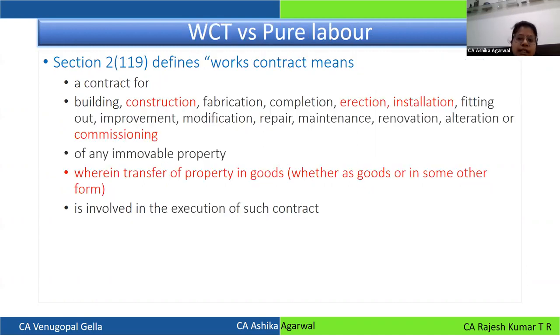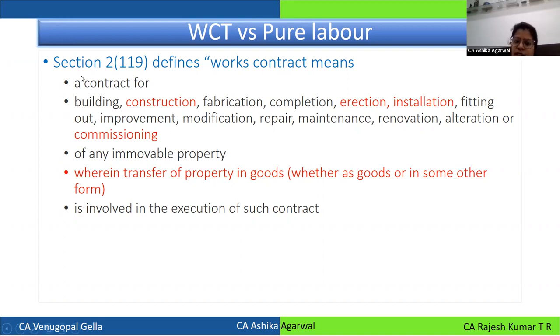Now, the question is whether it is a works contract service or a pure labor service. Works contract service has also been specifically defined under the GST Act. The way it has been defined is that it now relates only to immovable property, unlike under the pre-GST regime, where works contract service also included movable property. Now under GST, it is limited to immovable property.